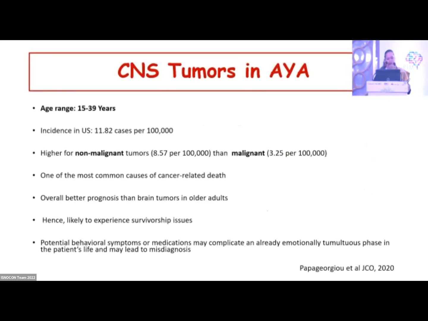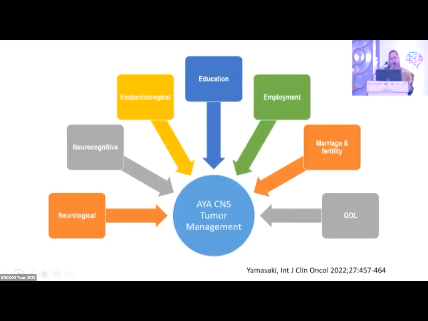There are a lot of different definitions for AYA age group, but I'll be taking the conventional definition of 15 to 39 years that is used in most of the studies. And this AYA group needs a certain kind of careful handling and management because of being at a tender age for a lot of other reasons besides the tumor and its management. And I'm sure Dr. Jalali will be speaking very eloquently on that in a little while, so I will not be talking about this.